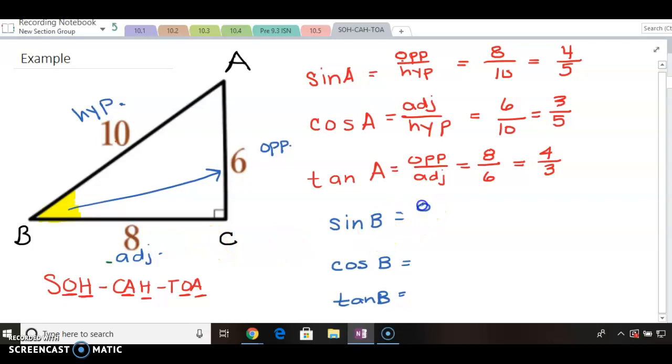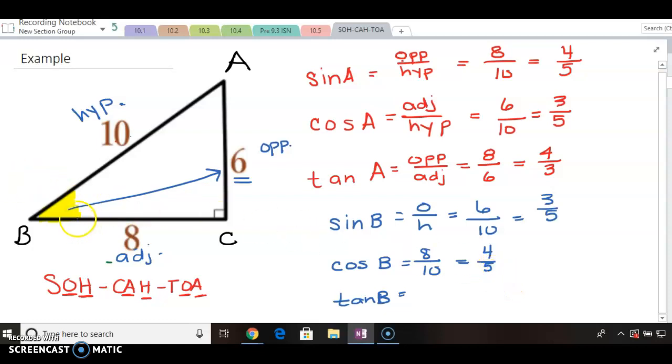So sine of B is opposite over hypotenuse, and my opposite side is 6. My hypotenuse is 10, which reduces to 3/5. Okay, my cosine of B, cosine is adjacent, which is 8, over my hypotenuse, which is 10, and that reduces to 4/5.